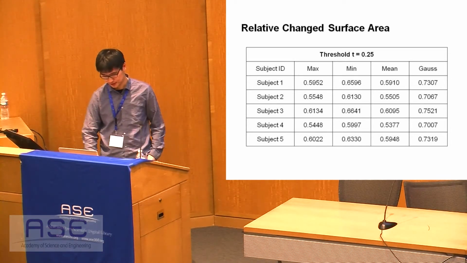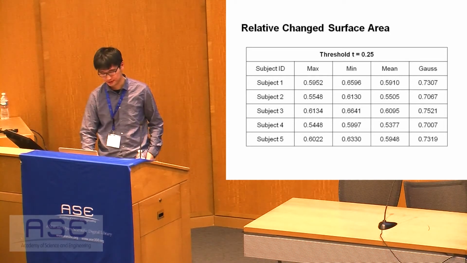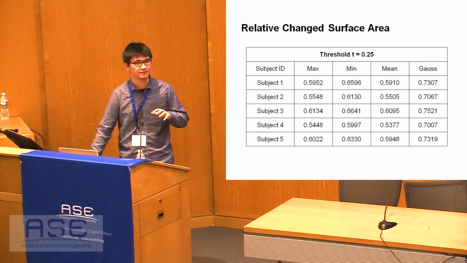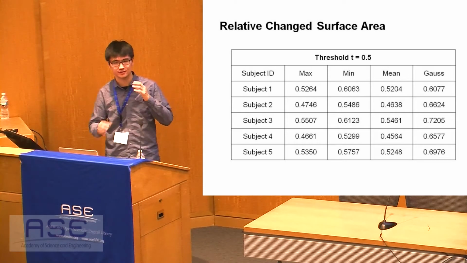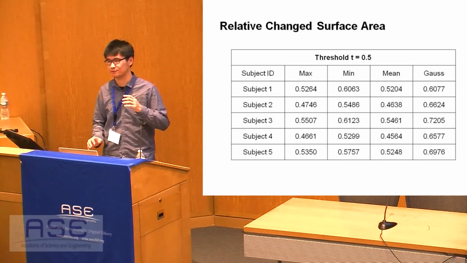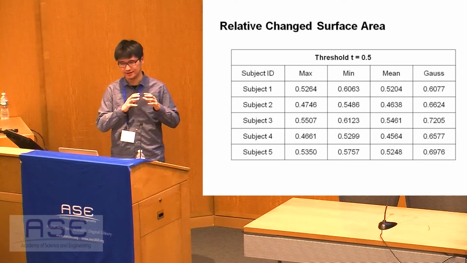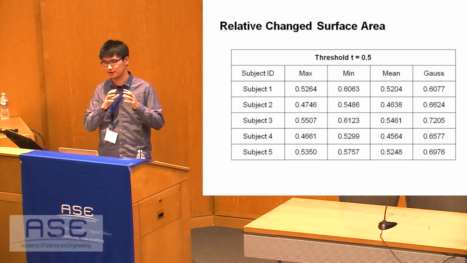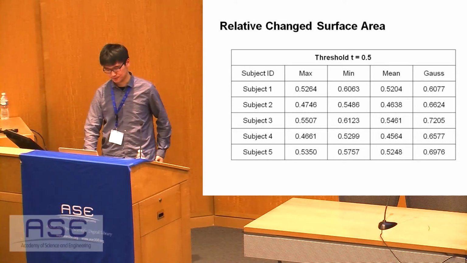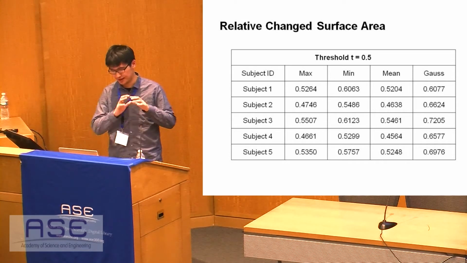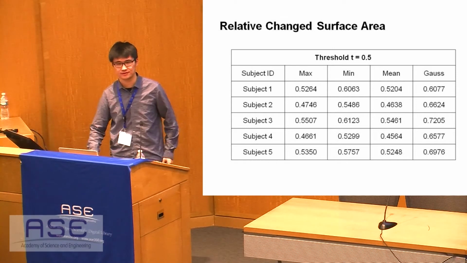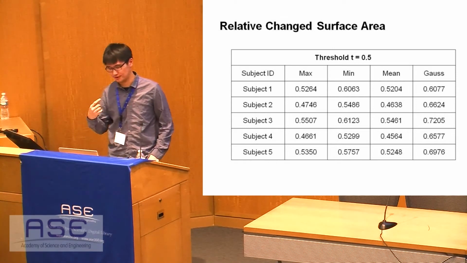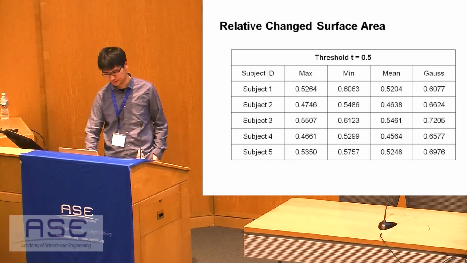Then we use a threshold to filter some points. If the difference in this curvature comparison result is smaller than the threshold, we take those points as not changing obviously, so we don't consider the area near them. For other points, we consider the area near the points where the difference is larger than the threshold.